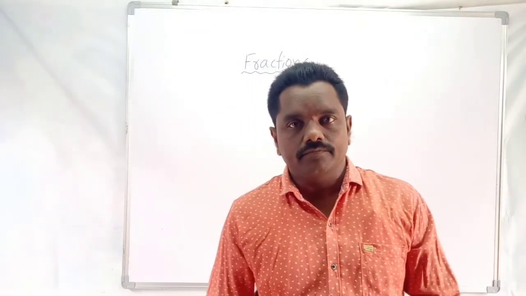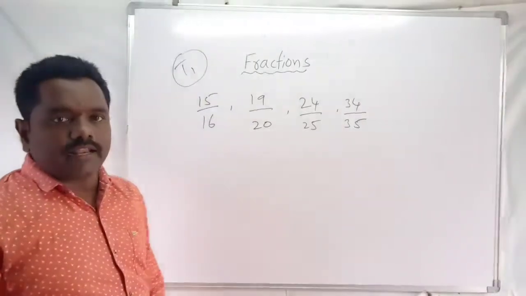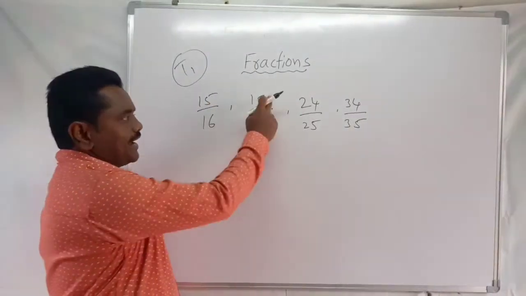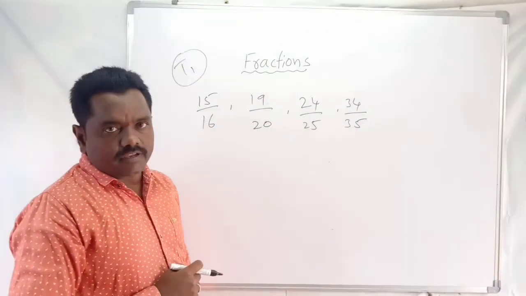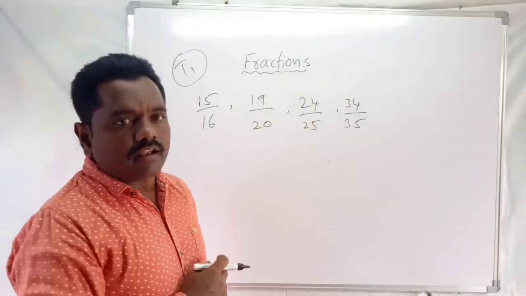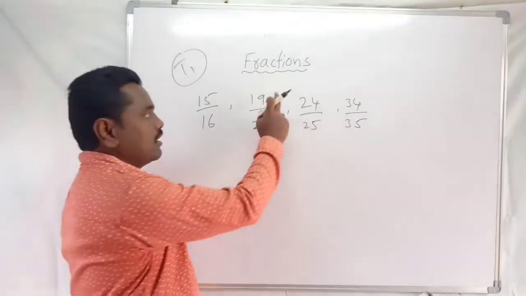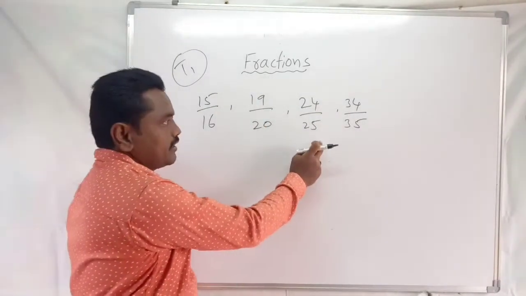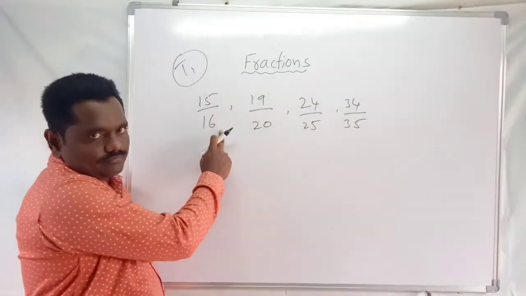Let's see the first type. Our fractions are 15 by 16, 19 by 20, 24 by 25, 34 by 35. Which one is the largest and which one is the smallest? The logic trick is to look at numerator and denominator: the difference is 1 in each.